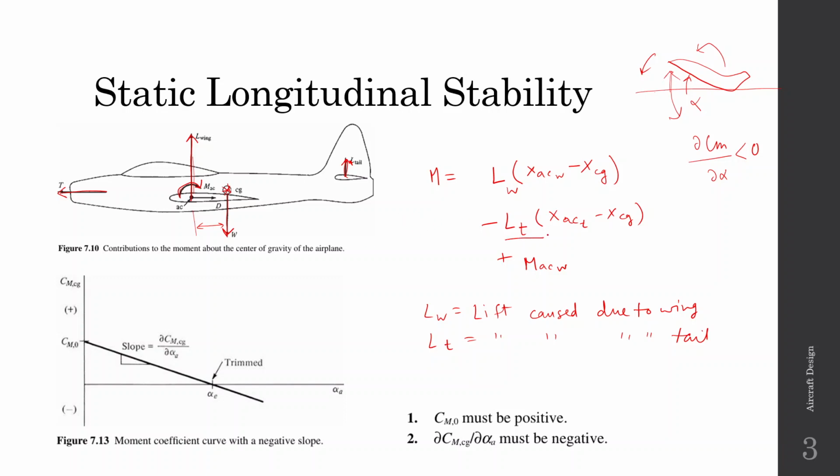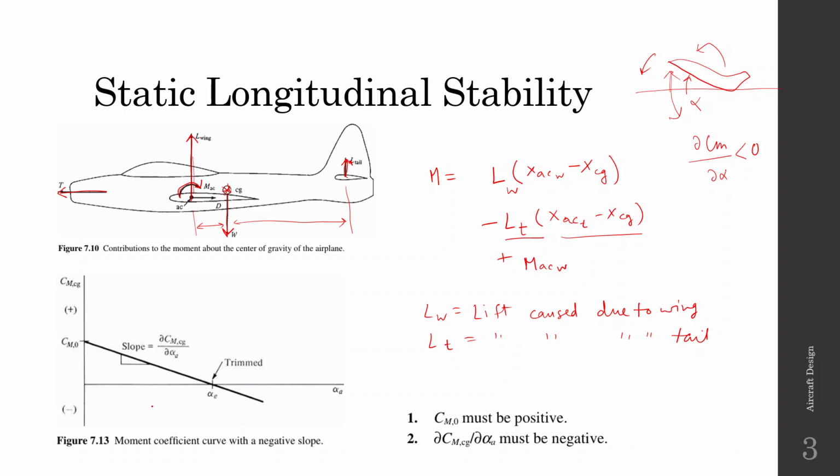So they are the lift caused due to the tail and the moment arm, the distance between the CG and the tail aerodynamic center. So this distance and the lift caused by the tail. These are the primary factors which influence the stability.